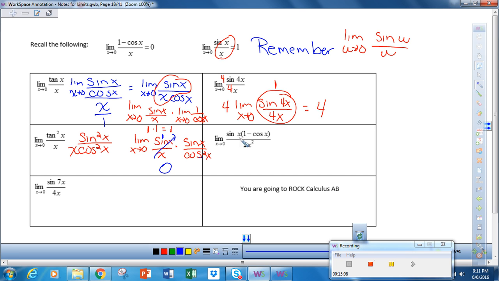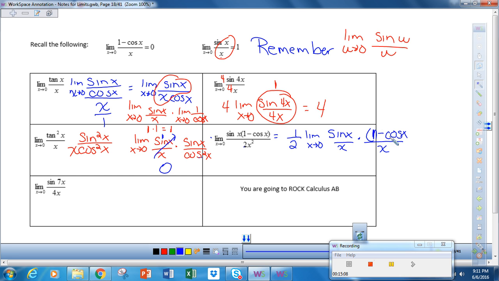So for this one, I have sine x over 1 minus cosine x times 1 minus cosine x times 2x squared. Well, let's do some manipulation to this, okay? I can write this as 1/2, because I can take this 2 out, right? 1/2 the limit as x approaches 0 of sine x over x times 1 minus cosine x over x.